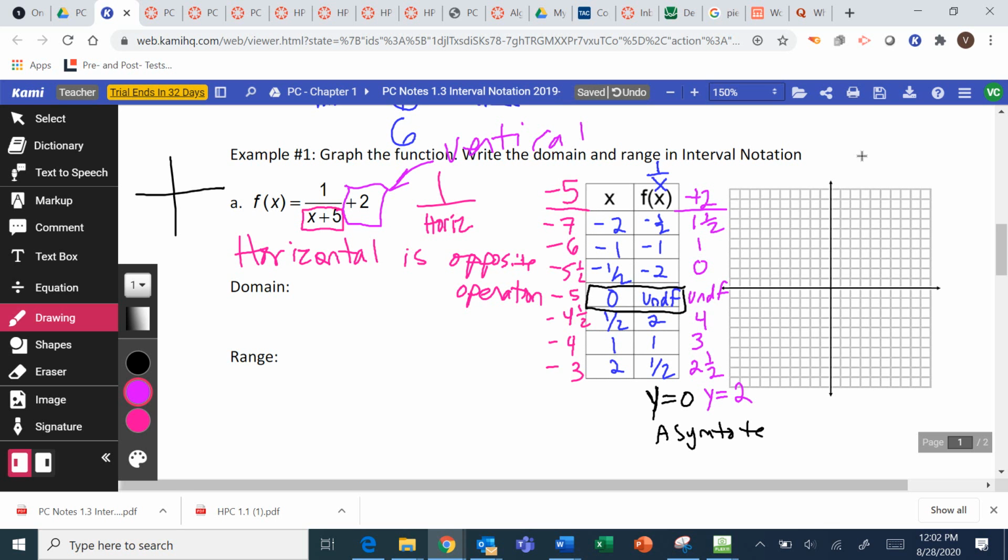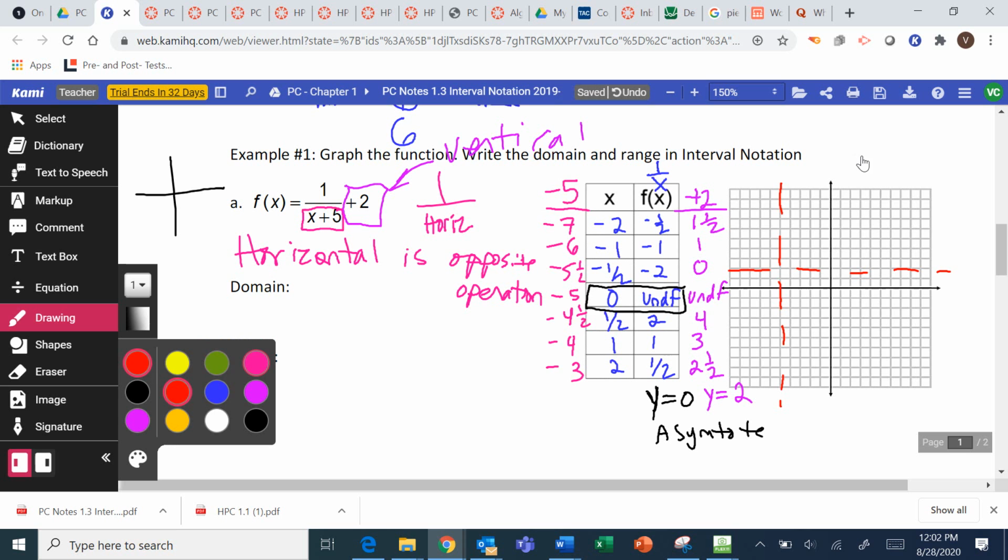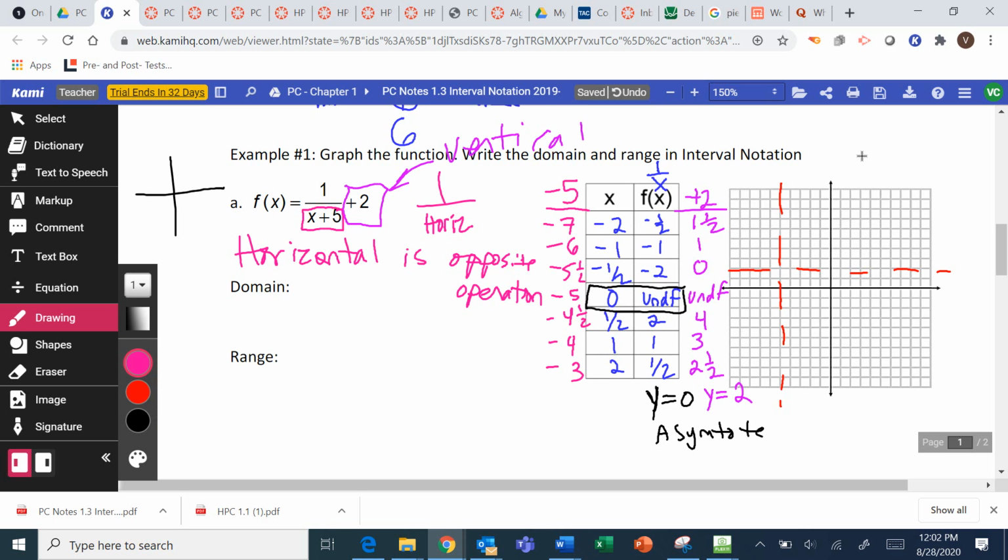So my asymptotes originally at 0 and 0, now they're moving, so they'll be at negative 5 and at positive 2. So that's where the asymptotes got moved to. And then we'll plot the new x's and new y's as ordered pairs.